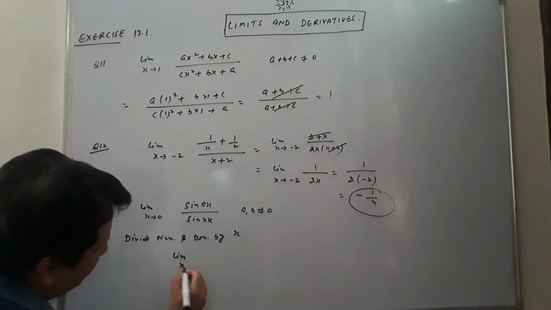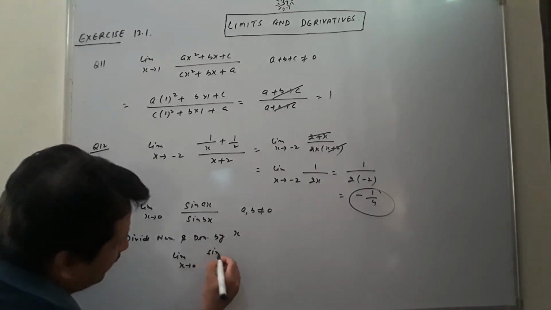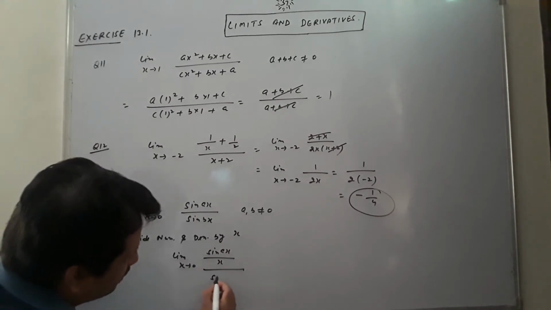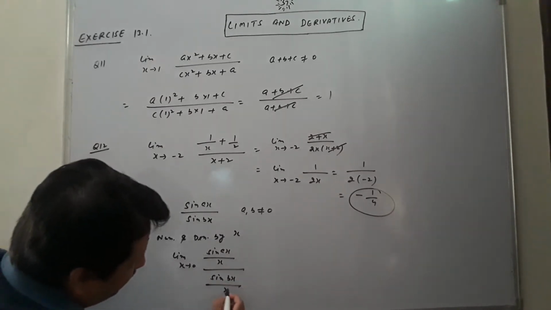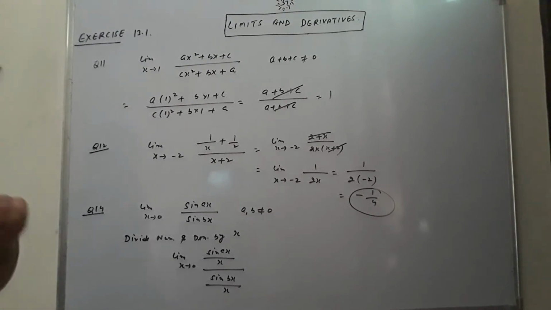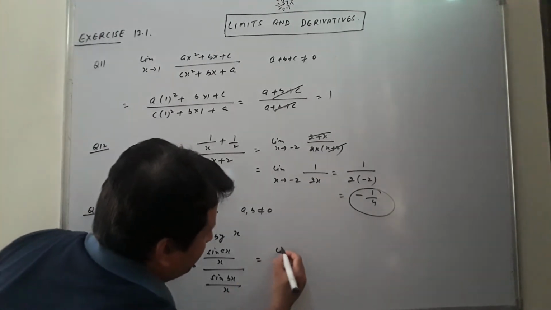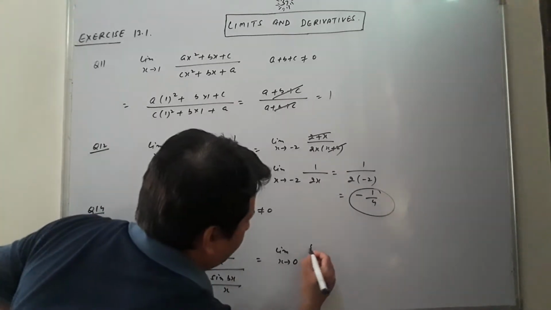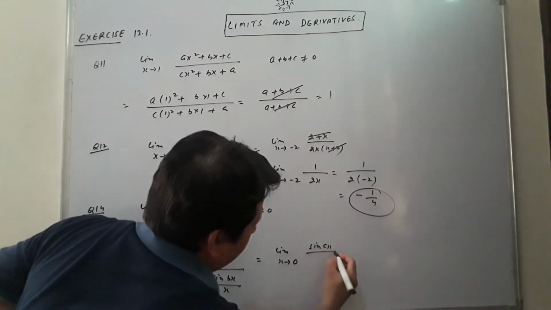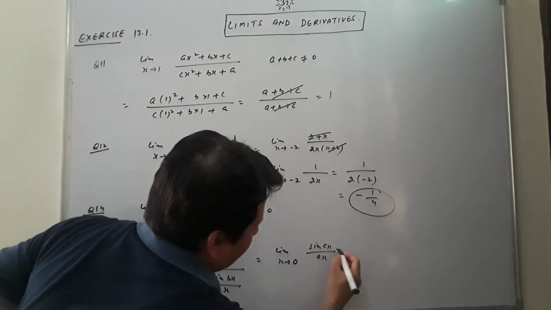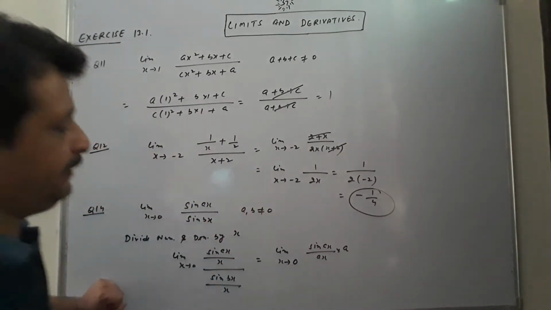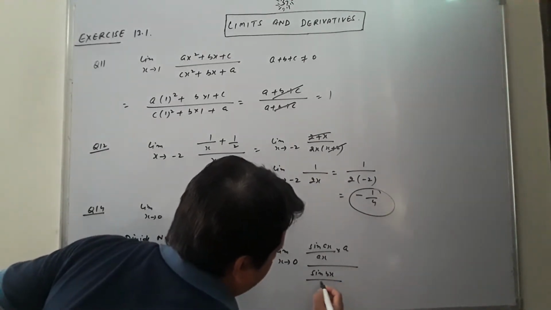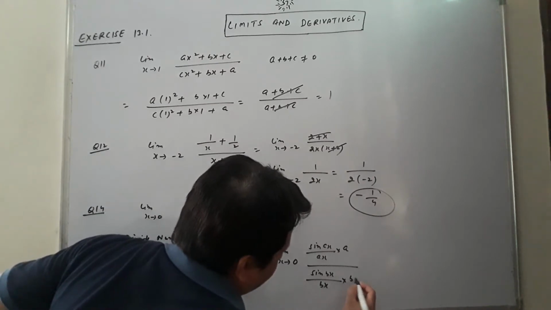You will get limit x tends to 0, sine ax by x upon sine bx by x. Right, students? Now we can write this as limit x tends to 0 of (sine ax upon ax, multiplied and divided by a) upon (sine bx over bx into b).